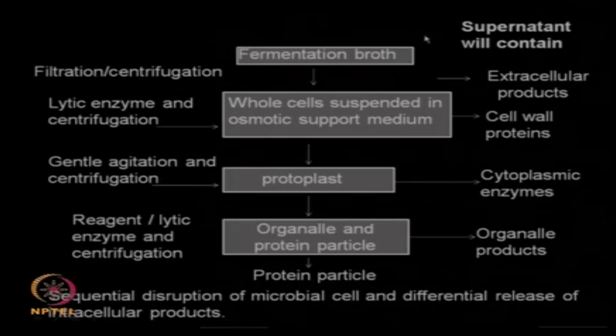So when you have a fermentation broth, mostly it will be extracellular products, which we can collect through filtration and centrifugation, but if you have an osmotic support medium, maybe whatever is present near the cell wall proteins can be recovered. With agitation and centrifugation, cytoplasmic enzymes can be released, but if you are interested in intracellular organelle products, we need to go for reagents, lytic enzymes, centrifugation, and finally you will end up with the protein.